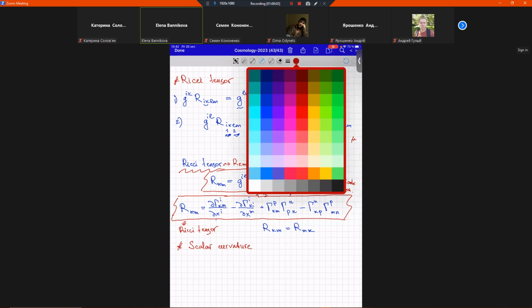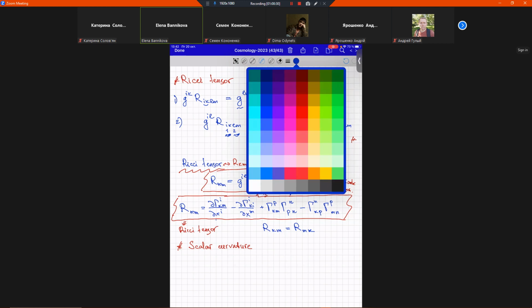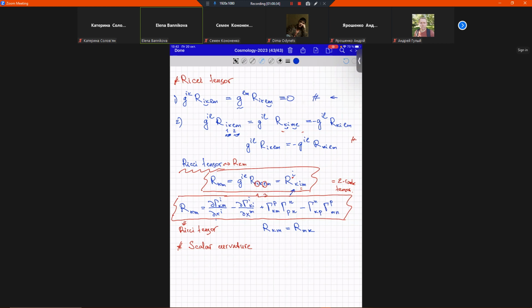It's understandable even from the definition. It means that this is a scalar value, some scalar which has information about some properties of the space. And we can obtain it in a very simple way. We need to make a contraction of the Ricci tensor.